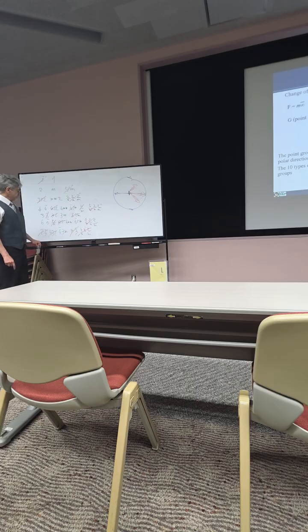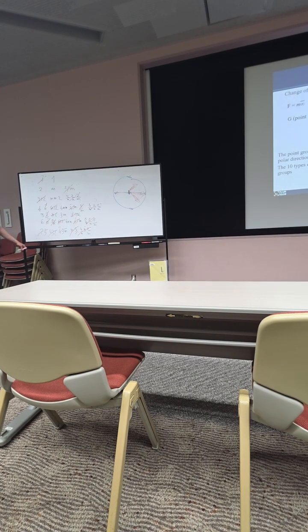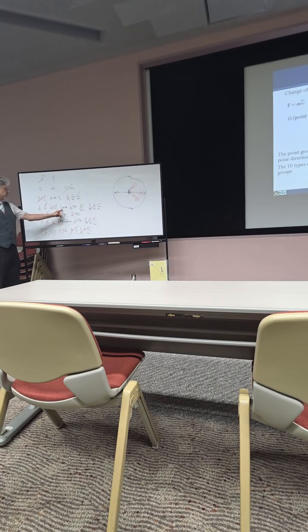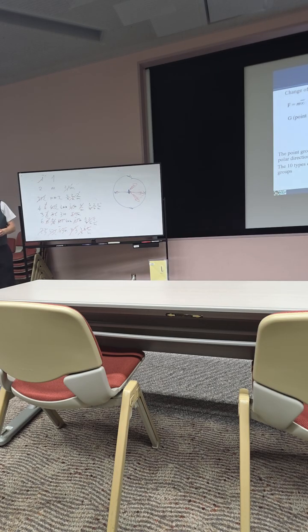So this is gone. So we are left with 1, 2, m, mm2, 4, 4mm, 3, 3m, 6, 6mm, and these are the 10 pyroelectric or polar groups.